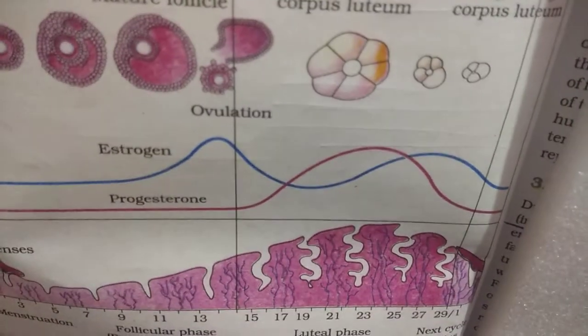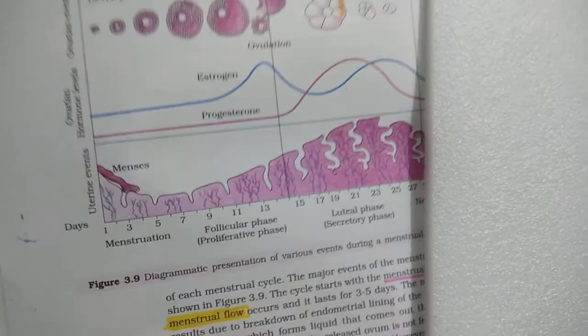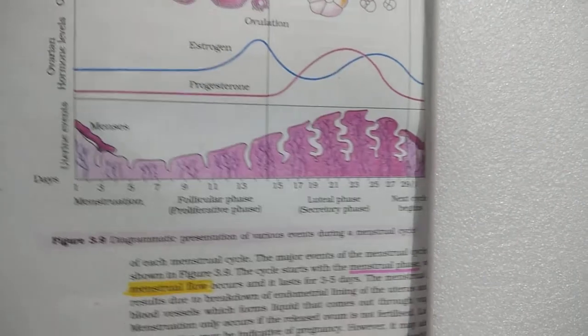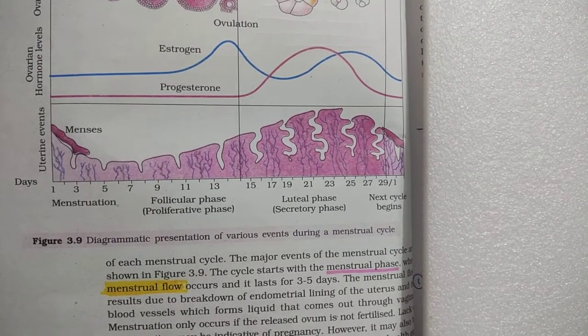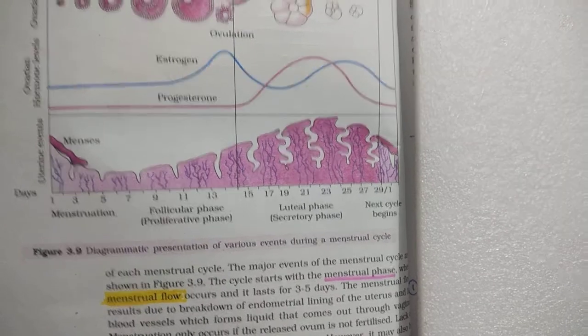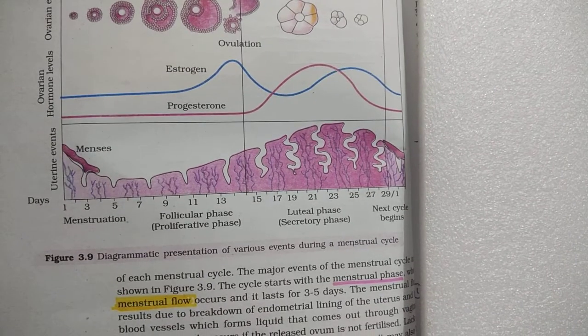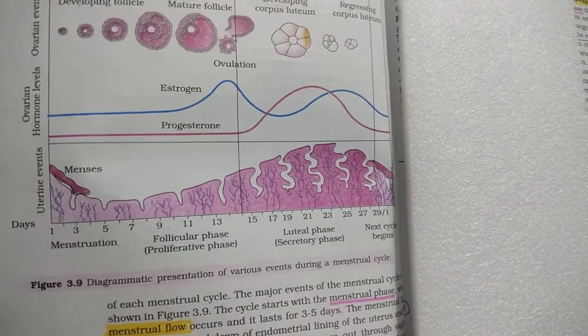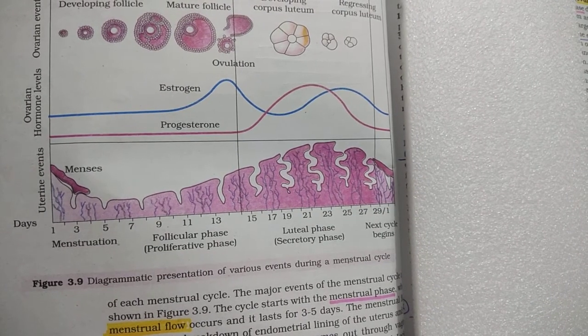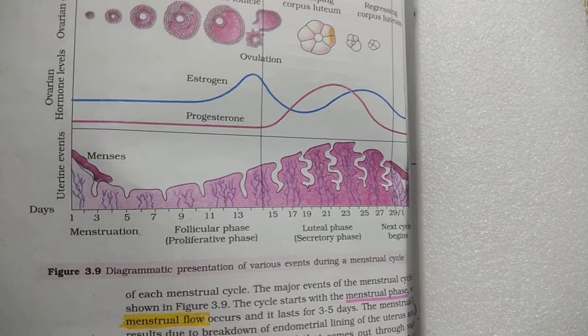We will study them one by one. First, we will study the uterine events. What are the changes which are occurring in the uterus?